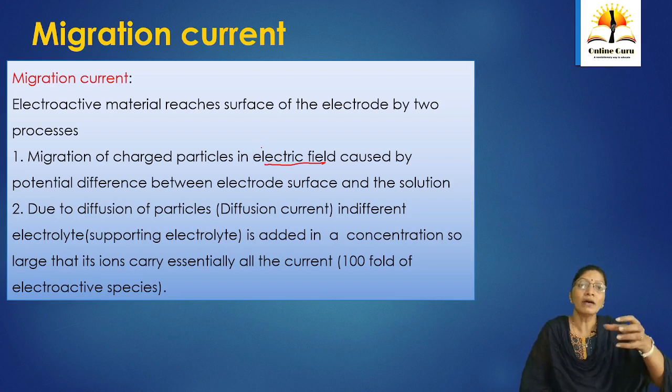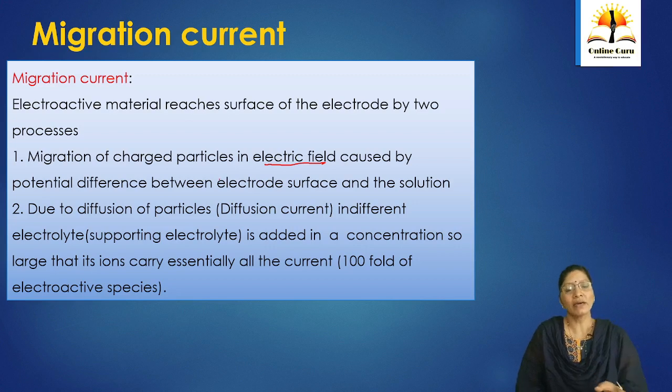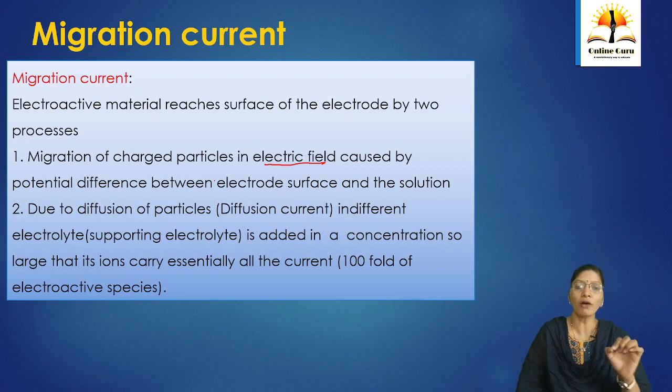Because there is a force, the potential difference that is applied across, and it forms a barrier across the solution and the electrode surface. So that is called migration current. Even if you have some impurities present along with that supporting electrolyte, they will also migrate and form this migration current, and that is suppressed by the supporting electrolyte. So who is going to suppress this migration current?